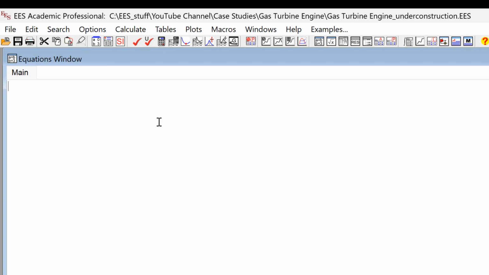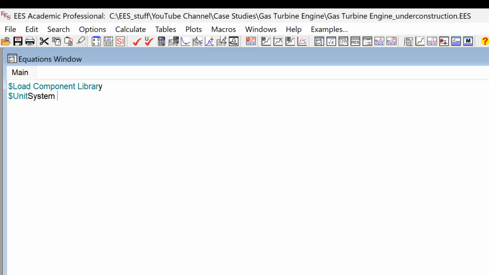So a couple things I know I'm going to want to do right away is I'm going to want to load the component library, because the component library is going to have my combustor model that I'm going to want to access. I'm going to want to set my units.